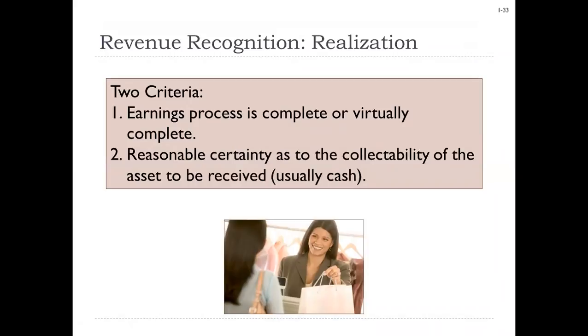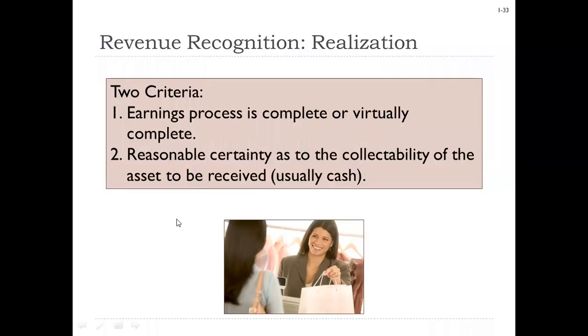Remember, in the cash basis, we said that we're going to recognize revenue when we get the cash. However, in the accrual basis of accounting, which is what the entire book is based on, we recognize revenues when we've earned it. What does that mean? Well, that means that the earning process is complete or virtually complete.